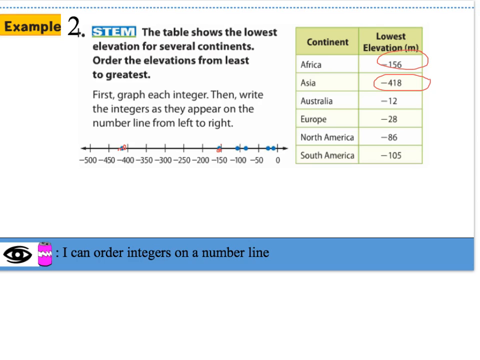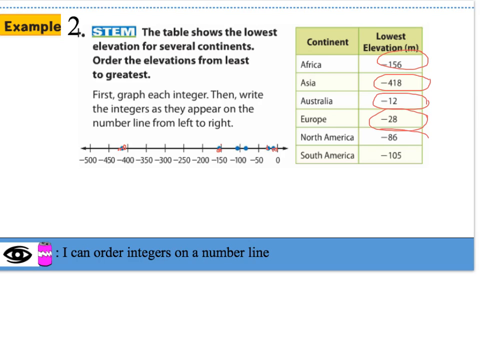It'll be right around there. Australia, negative 12, would be between 0 and negative 50, but closer to the 0. Europe, negative 28, is also between 0 to negative 50, but it will be a little closer to negative 50.